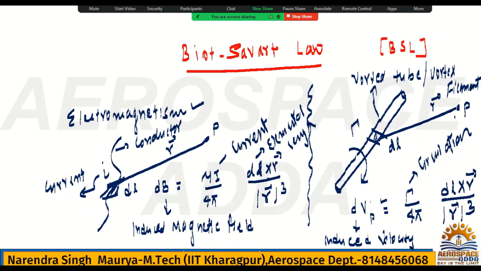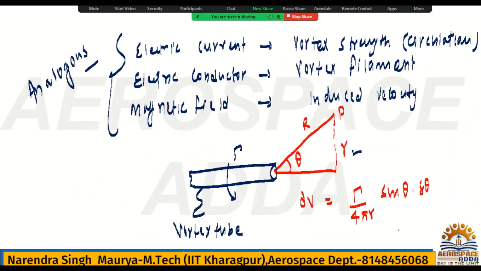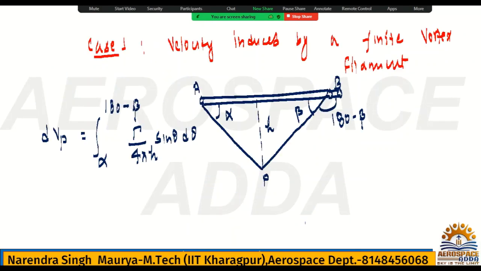From this you can start integration, but all the steps I am not going to do. I am just explaining what the finite vortex filament is and how to get the induced velocity for the finite element. So this is Vp. If you solve this, circulation upon 4 pi h, what is the integration of sin theta?